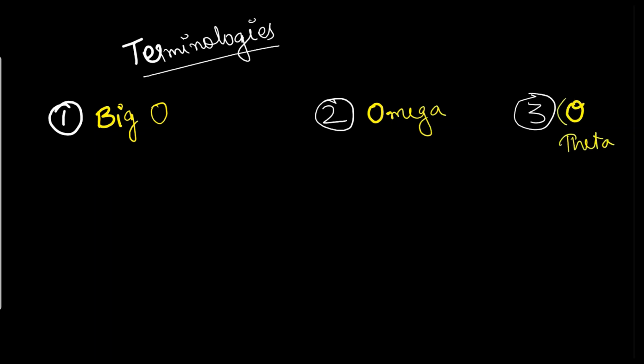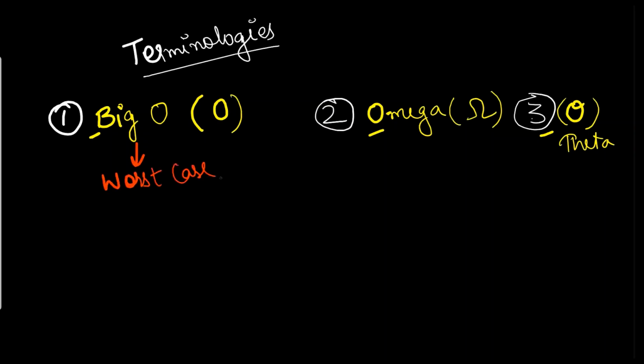Theta is represented with this symbol, omega is represented with the omega symbol, and O is capital O. So after solving a problem, we look at it in terms of big O, omega and theta. Big O is for the worst case, which means in any case, time will not exceed this, so it is the worst case or upper bound.